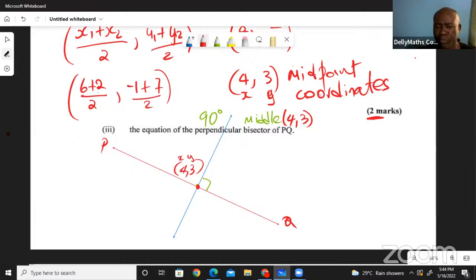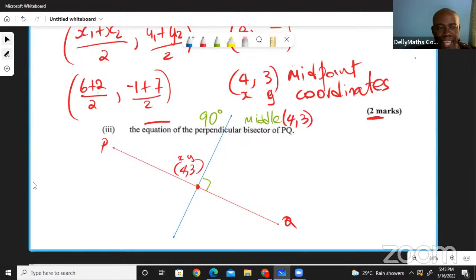So then, of course, they could ask us to find the equation of this line, because in order to write an equation of a line, we definitely need 2 things. We need 1, a point that it passes through, and 2, the gradient.